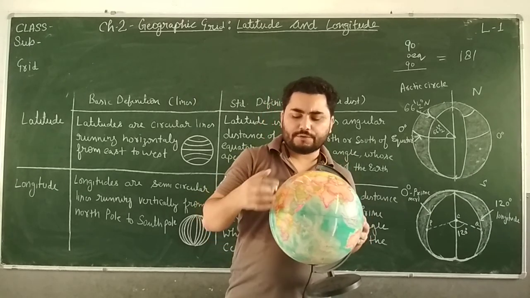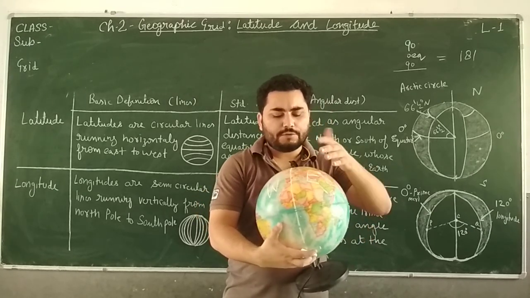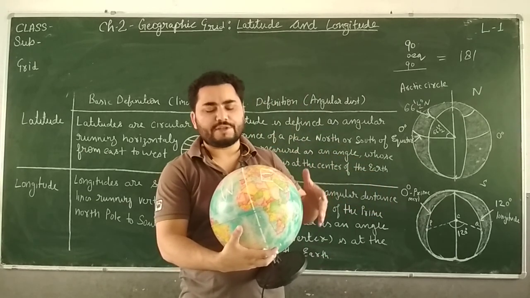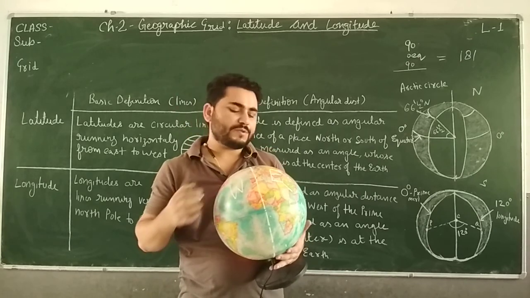This side of the prime meridian will be called the eastern hemisphere, and this side the western hemisphere.